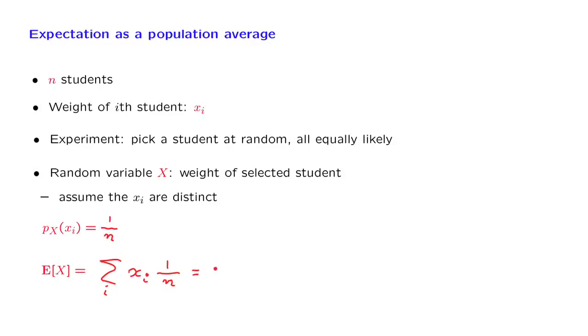So what we have here is just the average of the weights of the students in this class. So the expected value in this particular experiment can be interpreted as the true average over the entire population of the students.